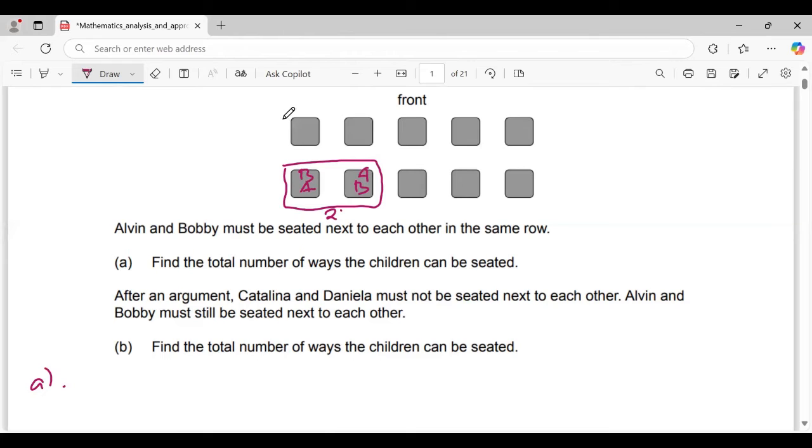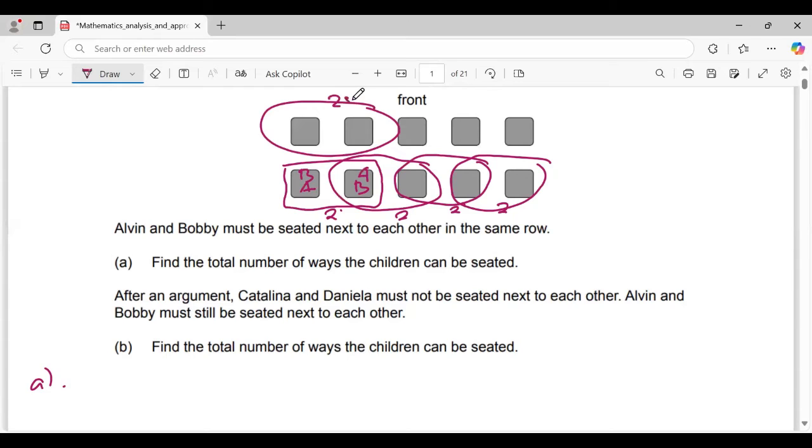As well, if they sit here, two possibilities, and here two possibilities, and here two possibilities.